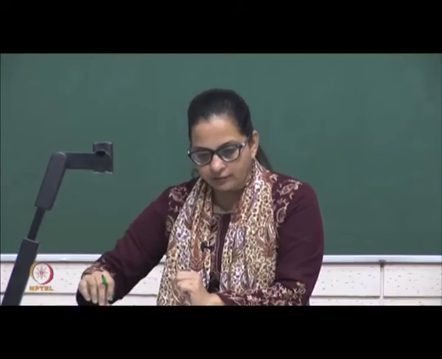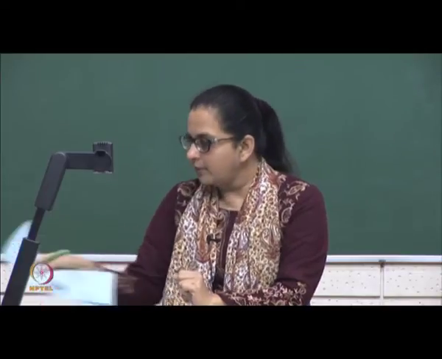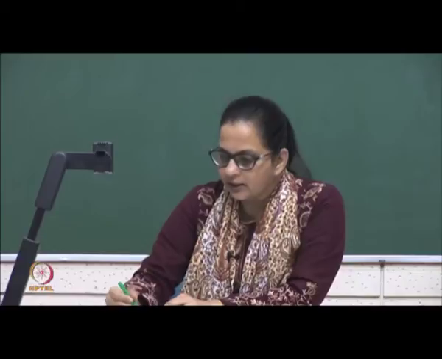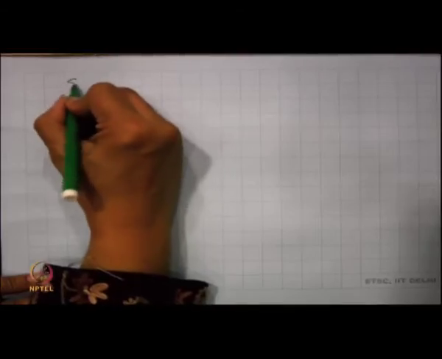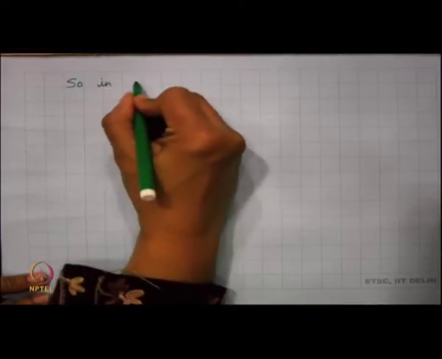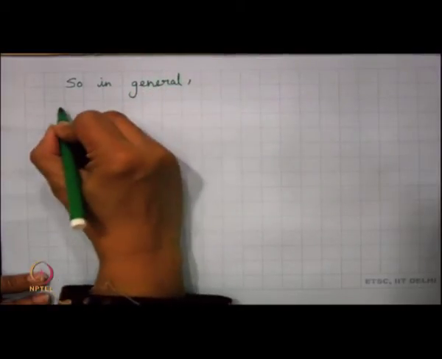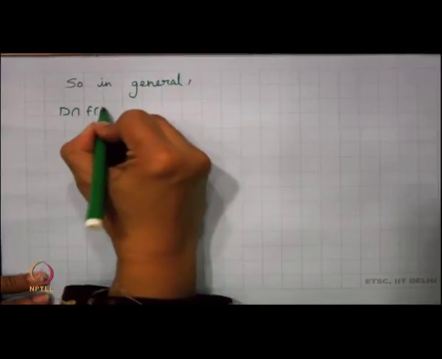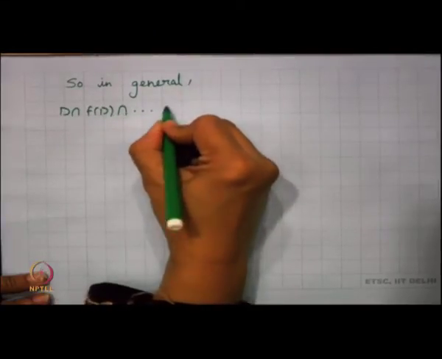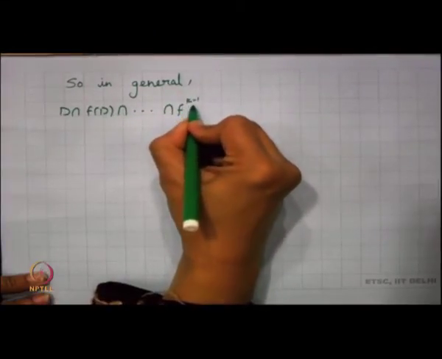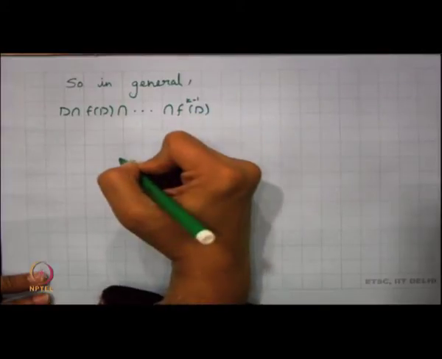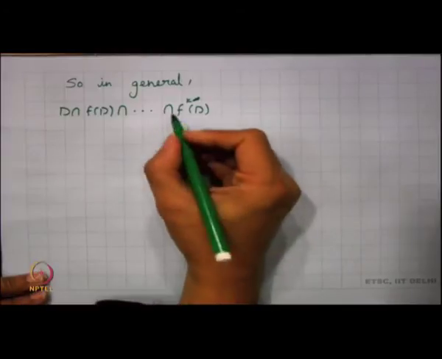So, in general, what can we say about any K? We have D intersection F of D intersection F k minus 1 D, or I can say F k D maybe. What is that equal to?